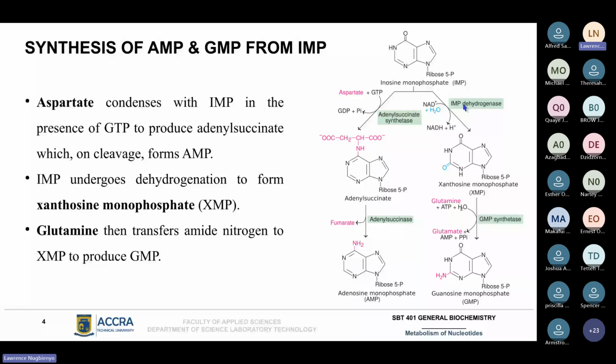Now, the first path has the participation again of aspartic acid. And we see that this carbon with the cyclic ketone group on it, you have the aspartic acid coming to replace that oxygen.